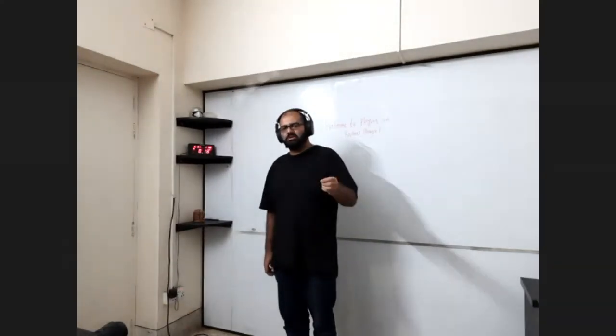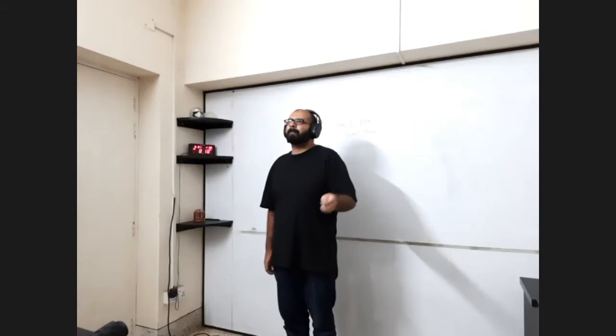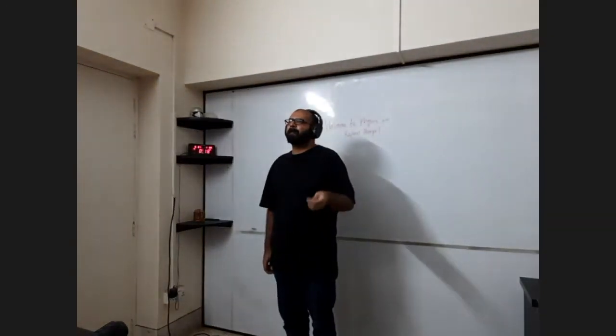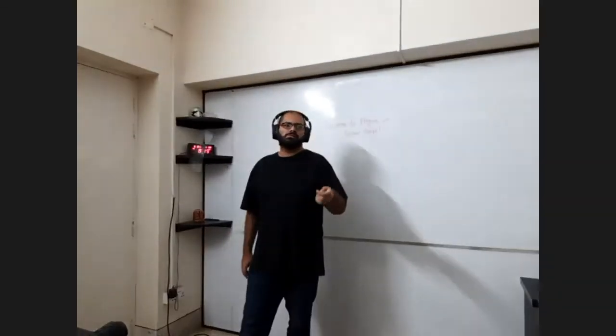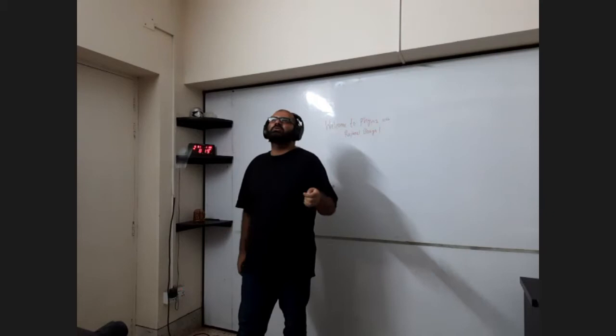Why is it going in a circle here? Force exerted by the thread. What do we call that force? Tension. Centrifugal? There's no such thing as centrifugal. So this is the tension in the string. Which way is the tension acting? Towards the center of the circle.